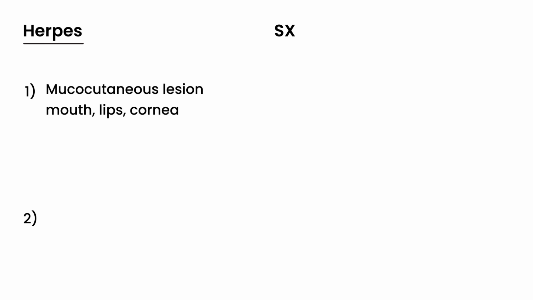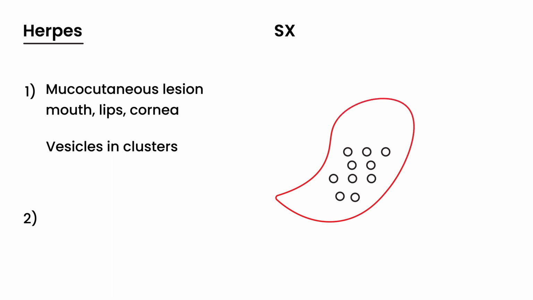And what can happen is you have these characteristic vesicles that are in clusters. They kind of look like that, different sizes, like that. And then they're sitting on this erythematous red base.